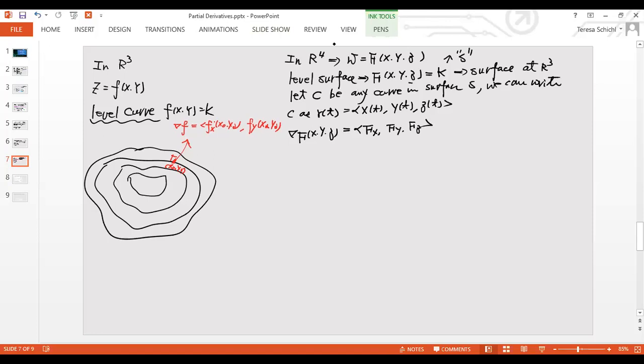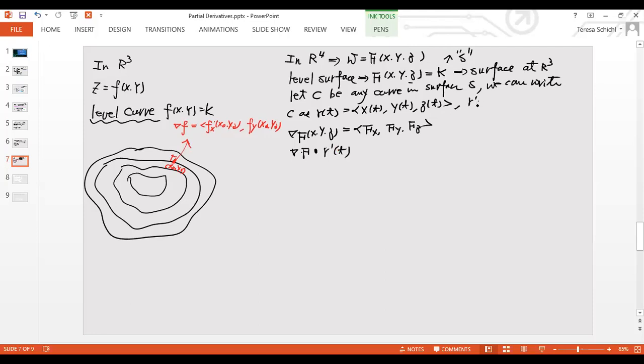So we said that if you take the derivative, it's del F, dot product with the derivative r prime(t).